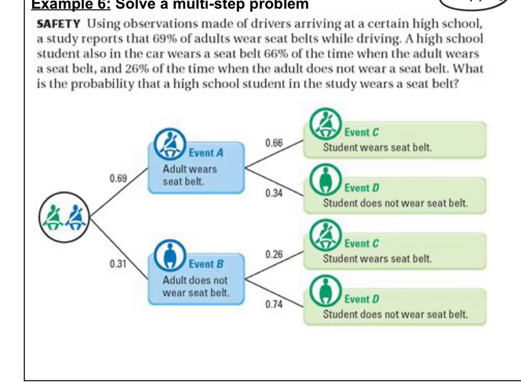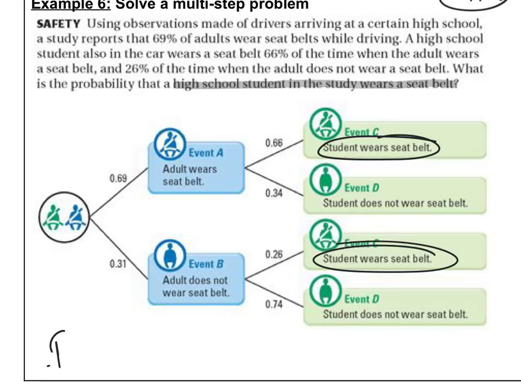So what they're asking for us here, what is the probability that a high school student in the study wears a seatbelt? So in order to do this, you are going to have to do a couple of different things. We are trying to find the probability that a student wears a seatbelt, and it appears twice.